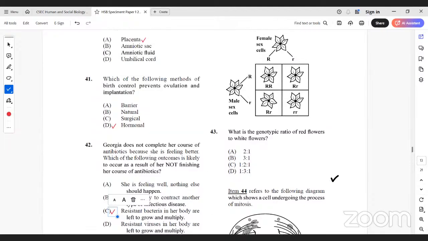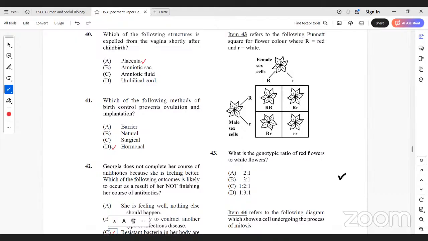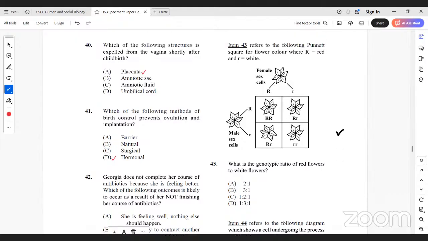So let's go into 43. We have a Punnett square of flower color where the dominant R is red and the recessive r is white. What is the genotypic ratio of red flowers to white flowers? And we could just write it out there. If we have dominant and recessive, it means the recessive will not show up once the dominant is present.